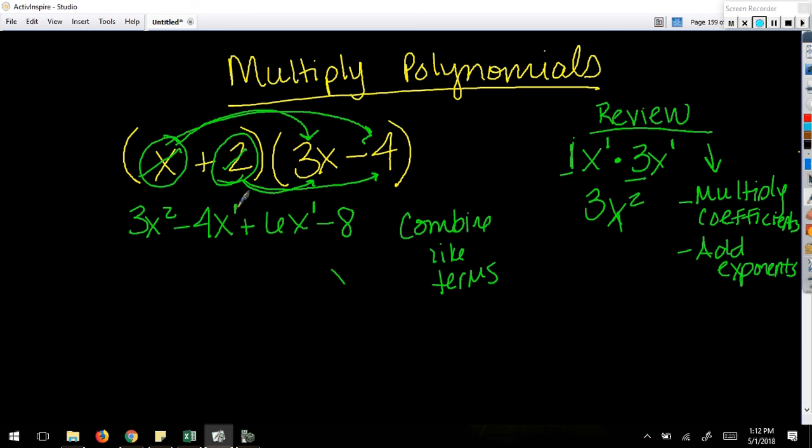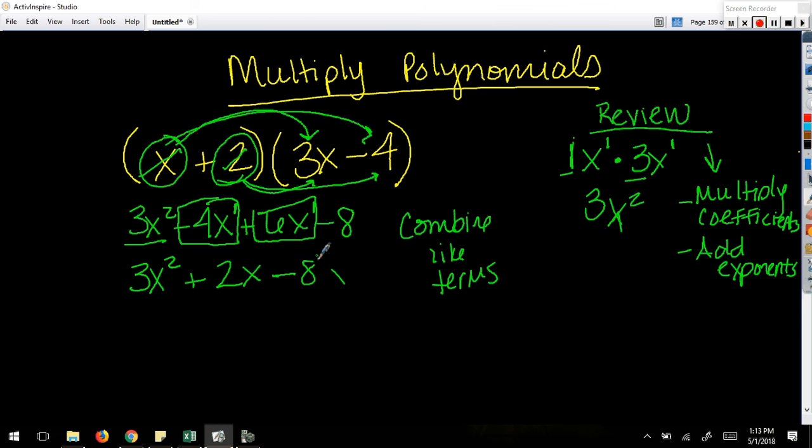There's an implied 1 here on these exponents. So 3x squared, there are no other squared terms, so I write it, but I do have a negative 4x and a positive 6x, so I'm going to combine those to 2x minus 8, and I'm done with that one.